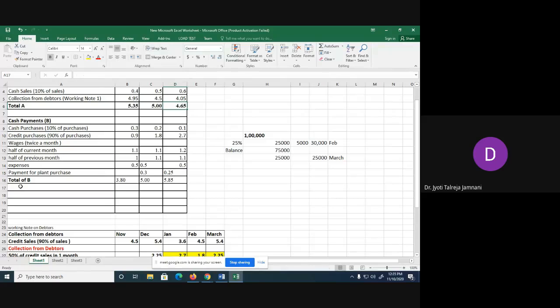Okay, so now we'll find the surplus or deficit. To find the surplus or deficit, we do A minus B, that is nothing but receipt minus payment.